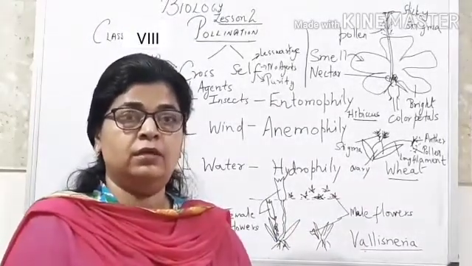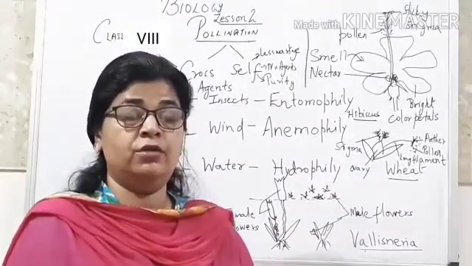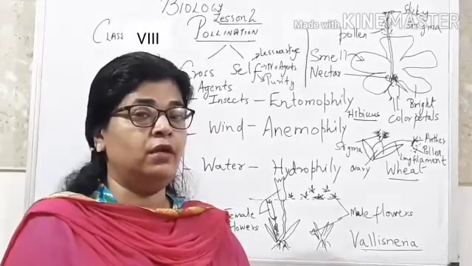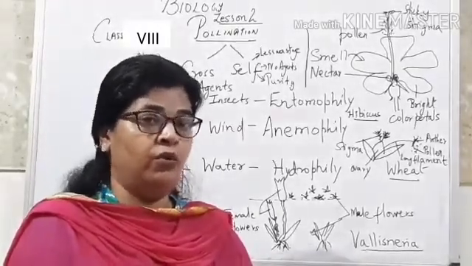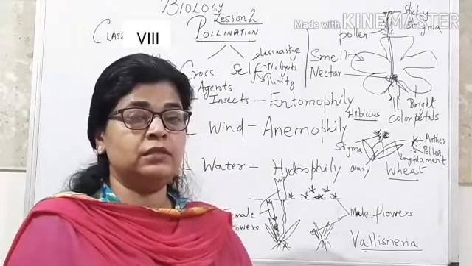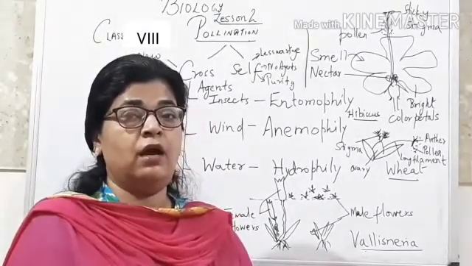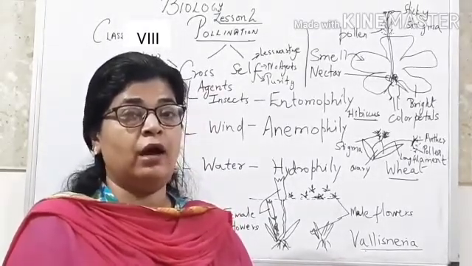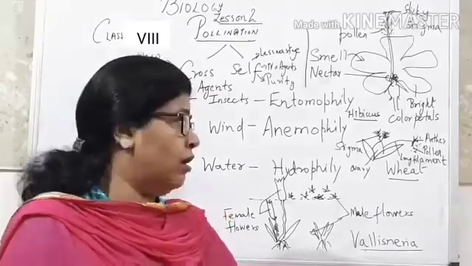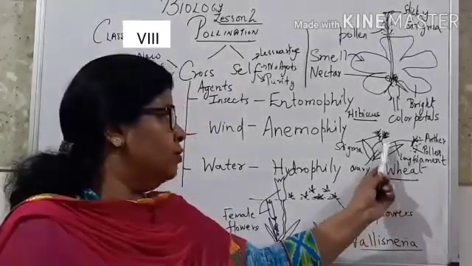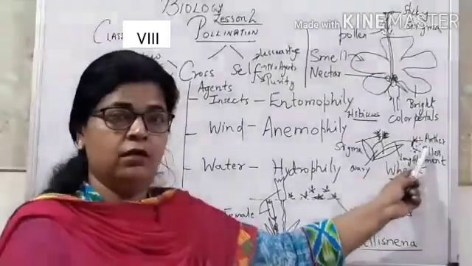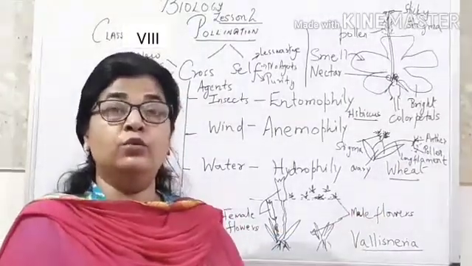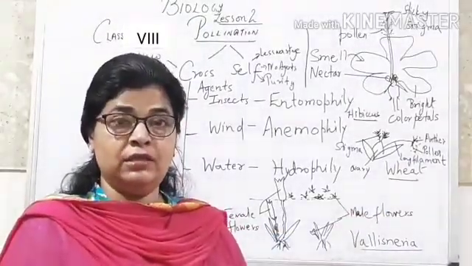or hairy, brushy, so that they can catch pollen grains flying in the wind, while anthers or stamens have long filaments to hang outside the flower. The pollens are loosely hanging on the anthers.